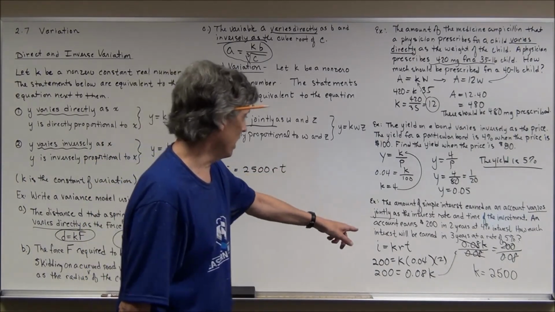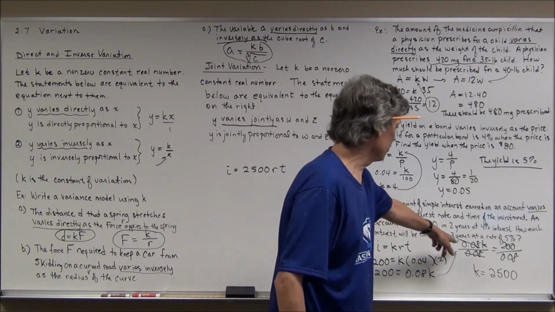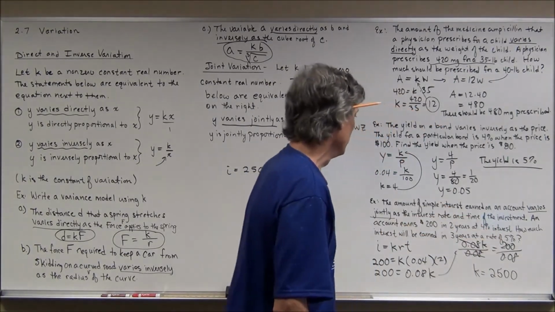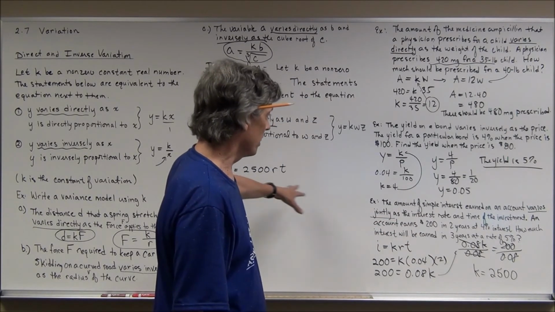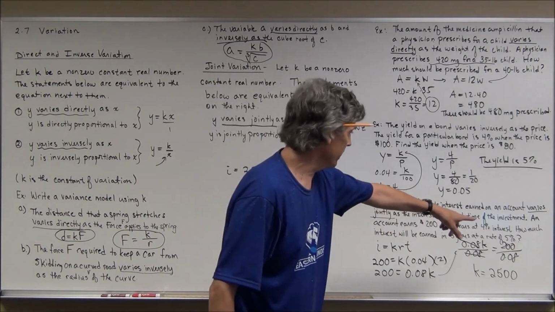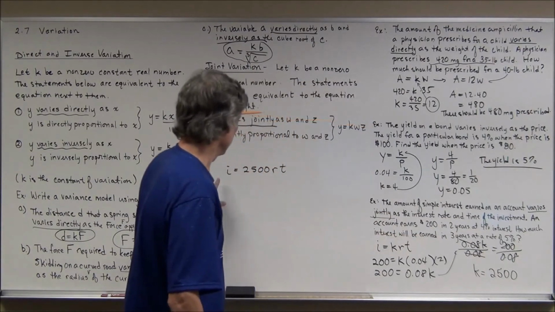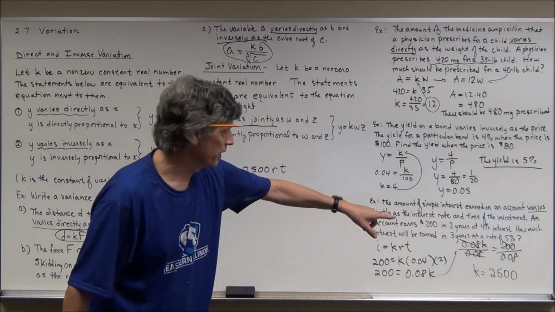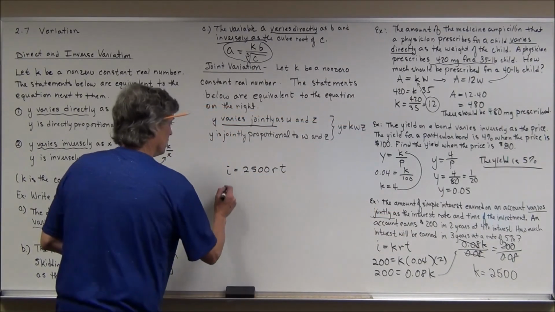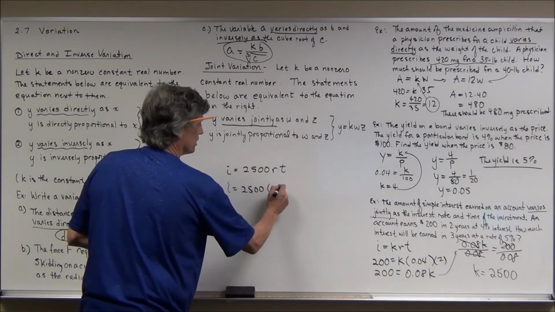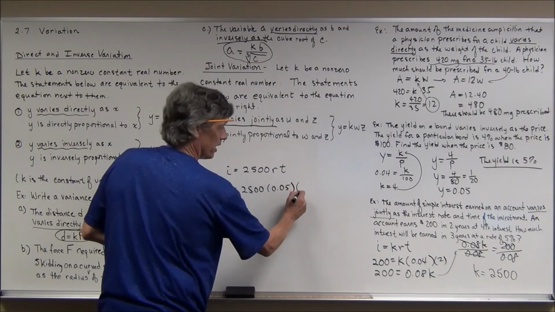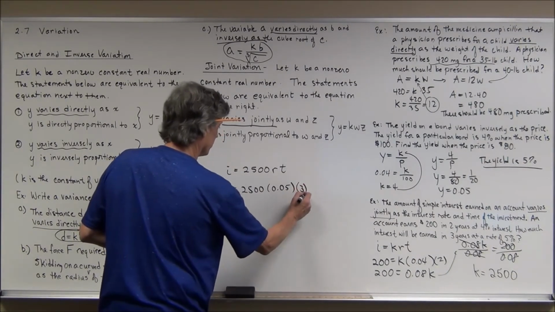Then the question says, how much interest would be earned in 3 years at a rate of 5%? Well, if they just asked you to find the constant of variation and write the model, you'd be done, but there's a little bit more being asked here. So I is equal to 2,500 at 5%, 0.05, times how many years? 3 years.